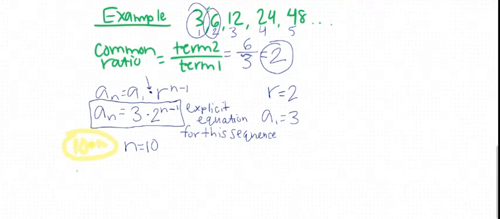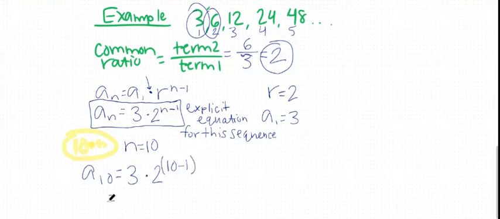Okay. So I'm going to plug in 10 wherever I see an n. So I have a sub 10 is equal to 3 times 2 to the 10 minus 1 power. So this whole thing is the exponent. I'm going to simplify 3 times 2 to the 9th power.